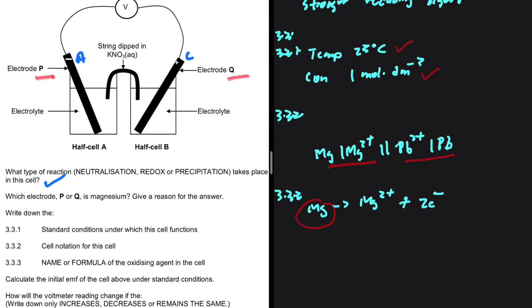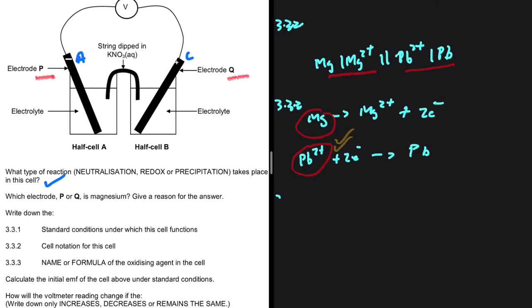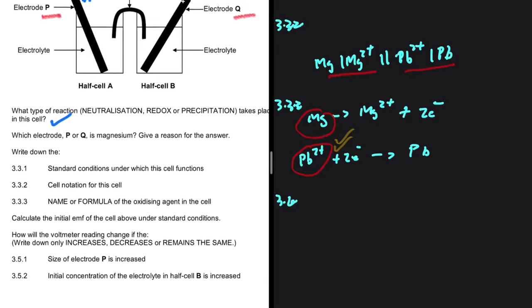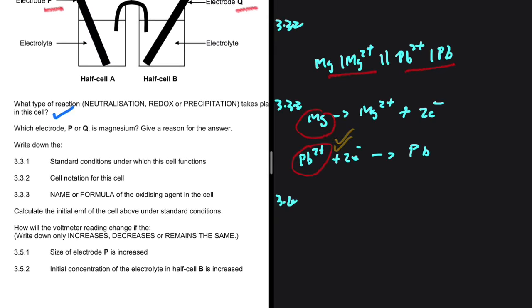And on the other hand, the reduction reaction, we're going to have Pb2 plus plus 2 electrons to give us lead. This Pb2 plus is our oxidizing agent. It is the substance that is gaining electrons. So this is our answer to 3.3.3. Lead ions.